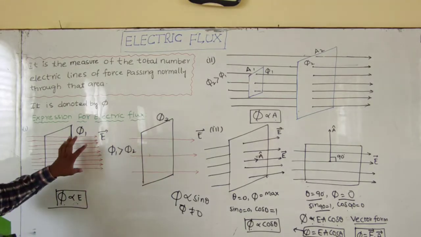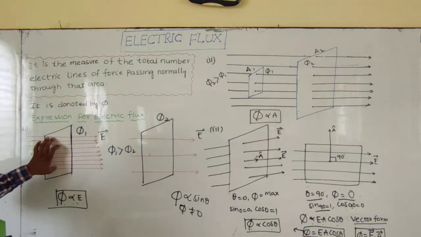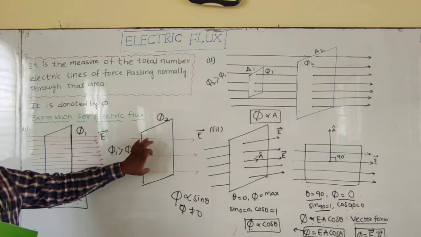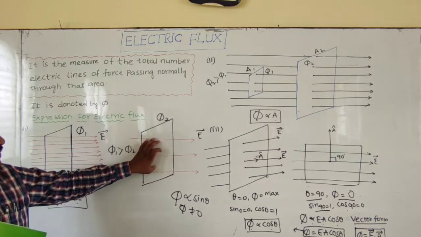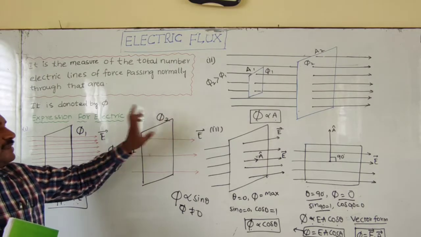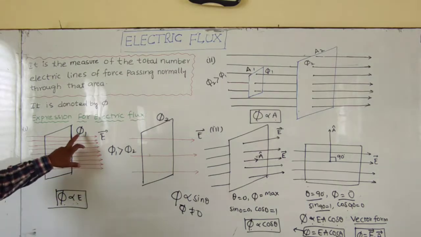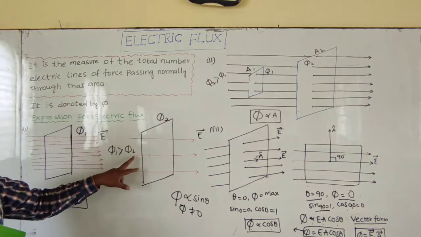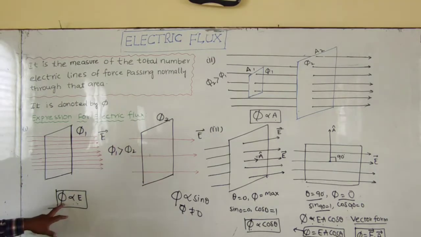When the number of lines passing through the surface is more, flux is more. When the number of lines passing through the surface is less, flux is less. So phi 1 is greater than phi 2. So electric flux is directly proportional to the number of electric lines of force.